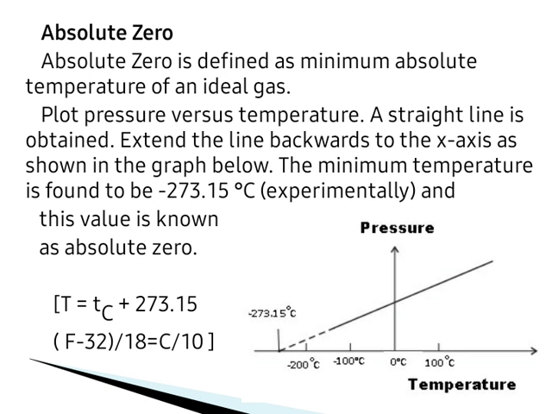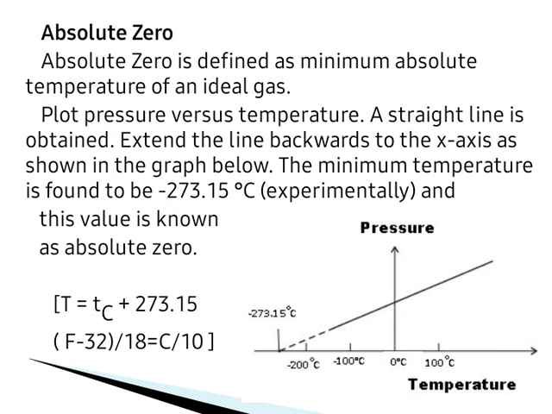It is the temperature of minus 273.15 degrees Celsius or 0 Kelvin. Then, what is the relation between temperature in Kelvin and in Celsius scale? It is given by Kelvin scale temperature T is equal to Celsius scale temperature Tc plus 273.15.